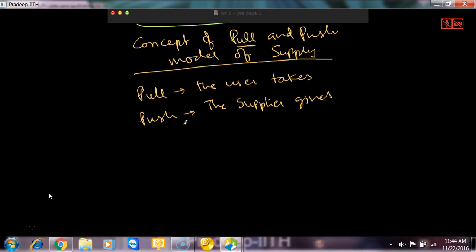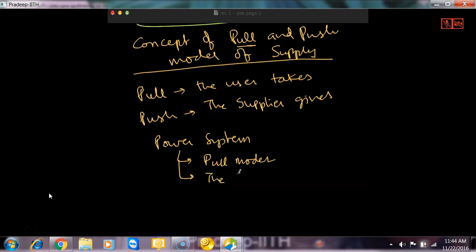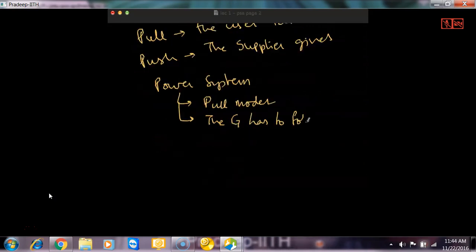Now if you look at the power system, which model is it? Is the power supply given to you, or is the user taking the power supply? The answer is that the power system is a pull model. That means the generation has to follow consumption.